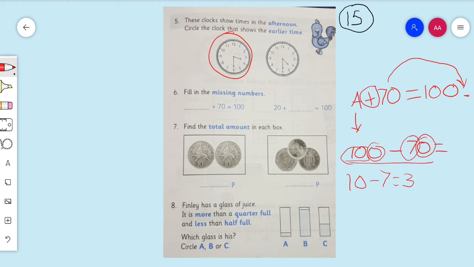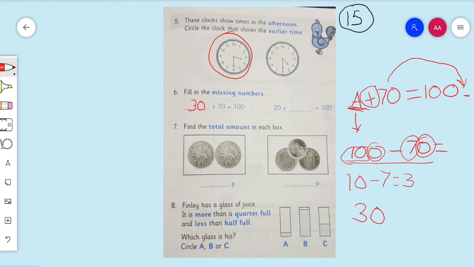So we make this 3 into a 30 by adding the 0 in it. So which means 100 take away 70 is 30. So now we know this A here is not A anymore, it's 30. Which means here for the answer we can write 30.